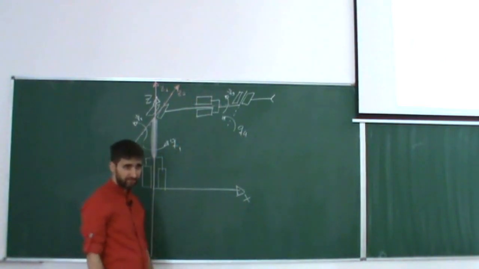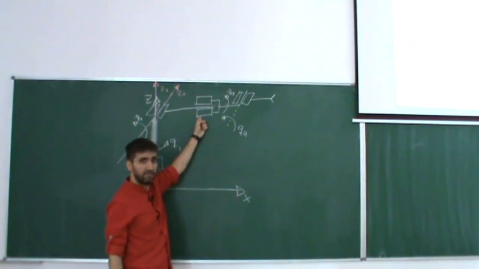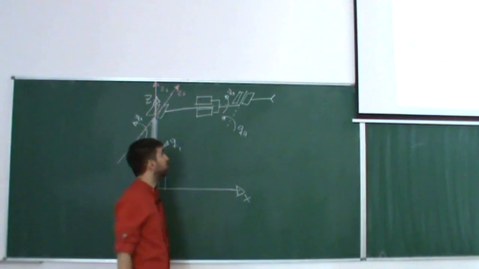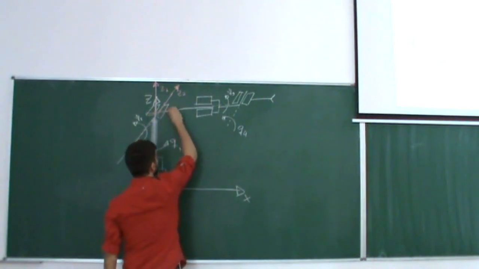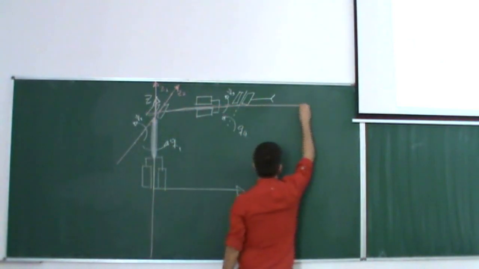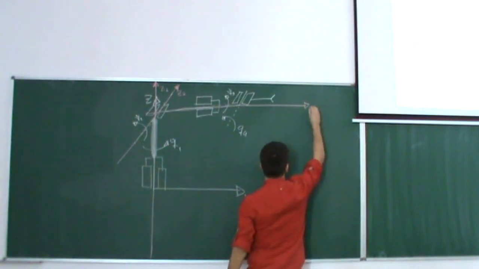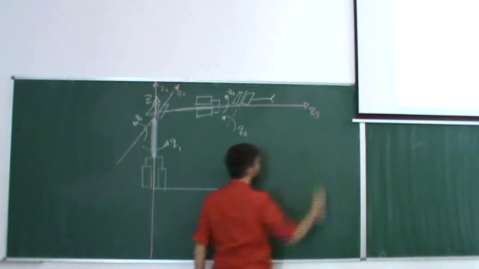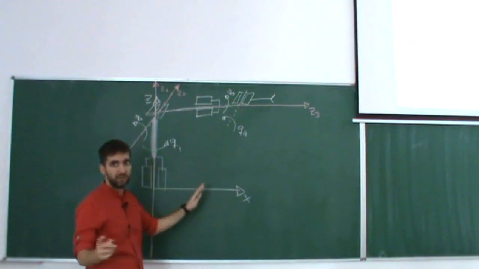Z3, joint 3. What is the axis of rotation? Horizontal. So this way, I put it towards the right. I wrote it now. But you could have put it towards the left, doesn't matter.